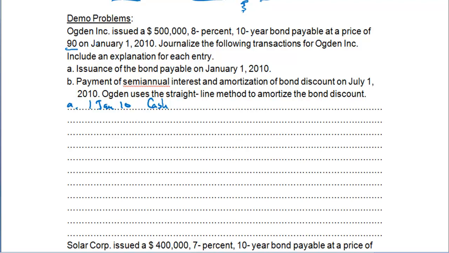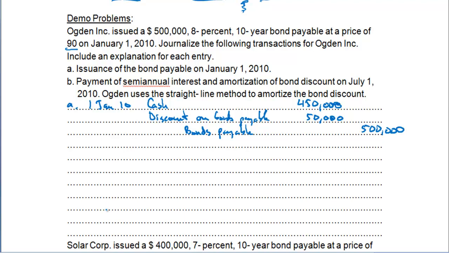It's sold at a price of 90, 0.9 times 500,000, means that they're getting cash of $450,000. It's sold at a discount. And the discount obviously is $50,000 since the bond's payable amount is the maturity value of $500,000.